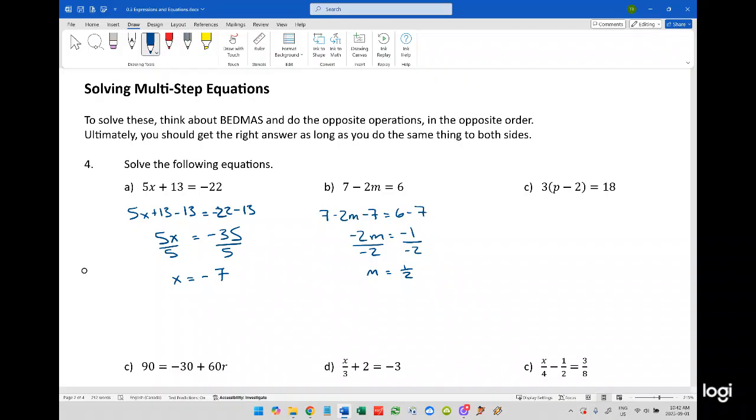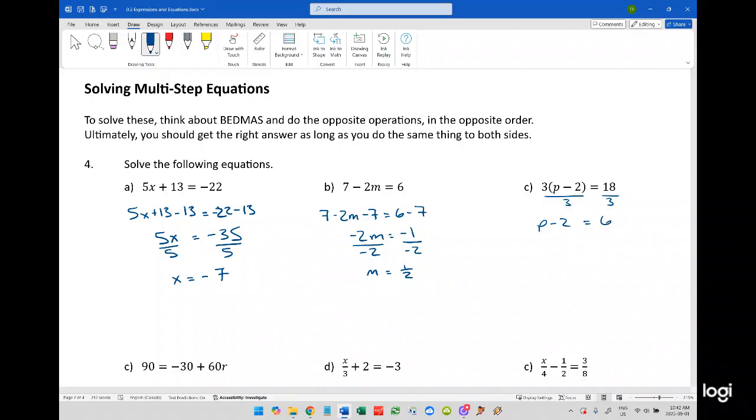Now this one I'm going to do using 2 different logics just to show you that it works either way. Right now, the BEDMAS says that I would do p minus 2 first because it's in a bracket and then multiply by 3. So I'm going to divide both sides by 3 first. And that means I have p minus 2 equals 6.